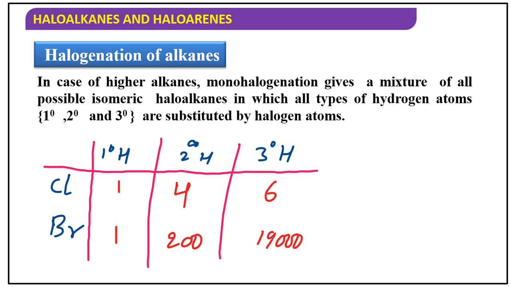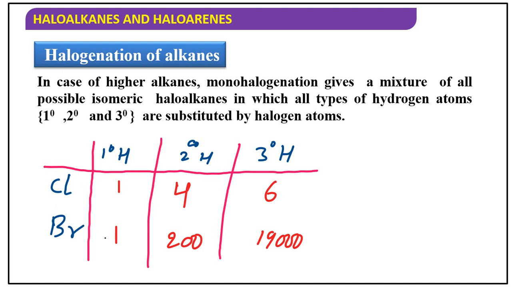Suppose, see here, chlorine and bromine, the selectivity ratio. Chlorine is highly reactive, so the selectivity is very low. It reacts with all three types of hydrogens almost the same; secondary and tertiary are almost the same, and primary has a little variation.